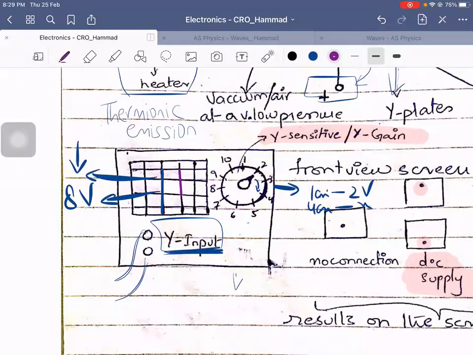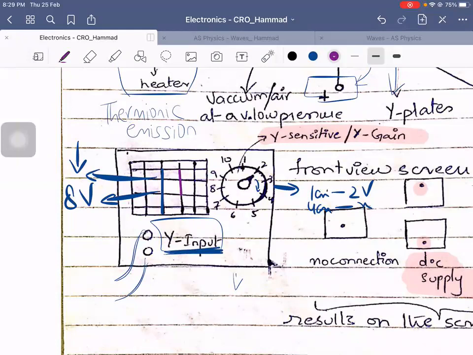My point from here is, if I am increasing my Y sensitivity value, the jump will decrease, simply because it now has a greater value per centimeter, right?